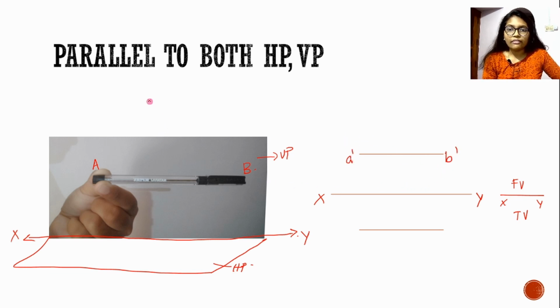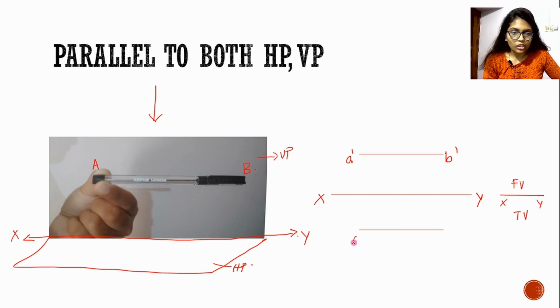Okay, and when we take a top view, we can see that this wall becomes your XY line, isn't it? When we have a top view, this wall will be somewhat merged with this XY. So this XY line becomes your wall, it becomes your VP. And you can see that this pen is kept parallel to the wall. When we take a top view, the pen is kept parallel to the wall, or we can say that this line is kept parallel to VP.